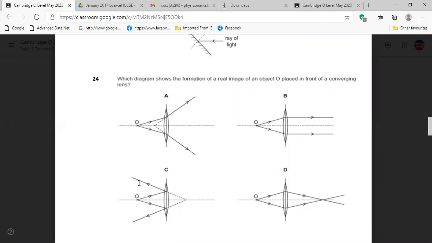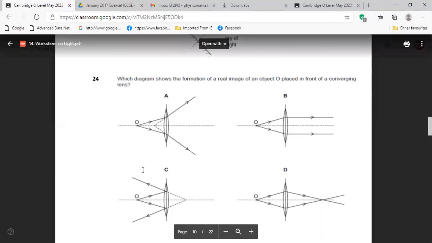For light rays, we have the angle of incidence and the angle of reflection. Then for light rays crossing the transparent medium, that is called the angle of refraction. So this one is actually showing you a wrong diagram, right?